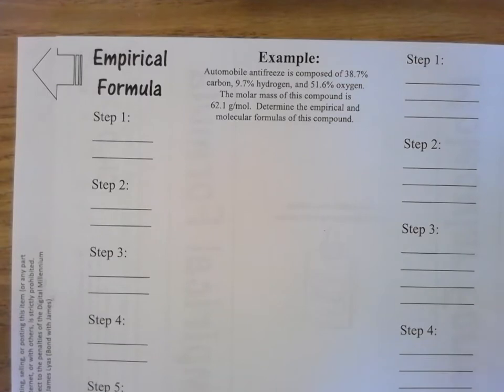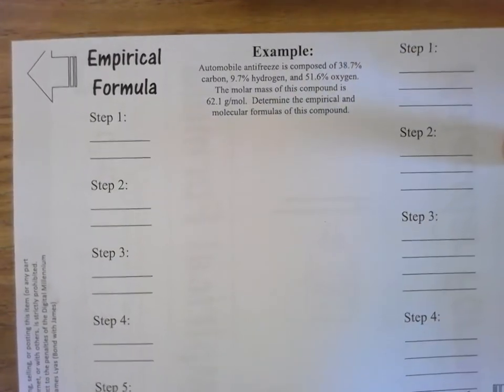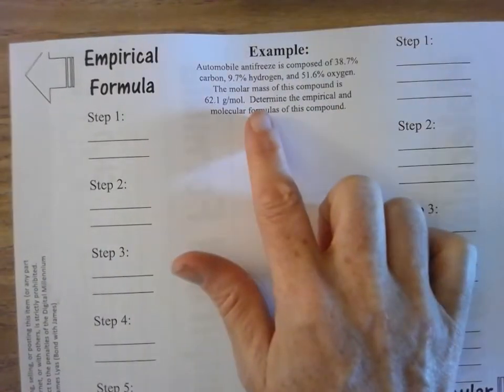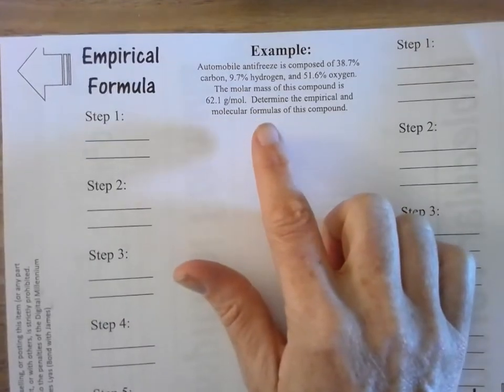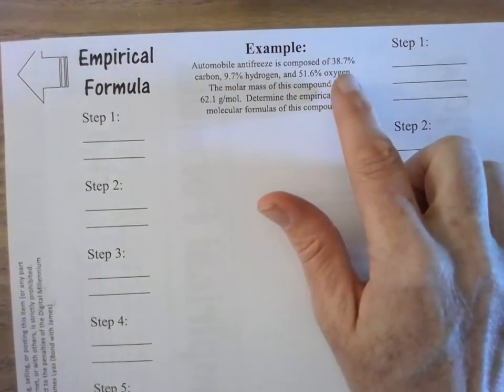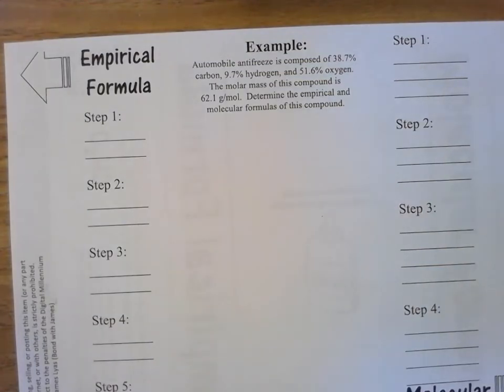So here is the problem. It says automobile antifreeze is composed of 38.7% carbon, 9.7% hydrogen, and 51.6% oxygen. The molar mass of this compound is 62.1 grams per mole. Determine the empirical and molecular formulas.